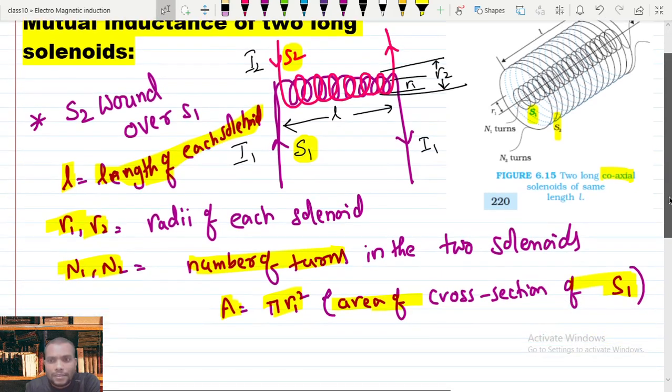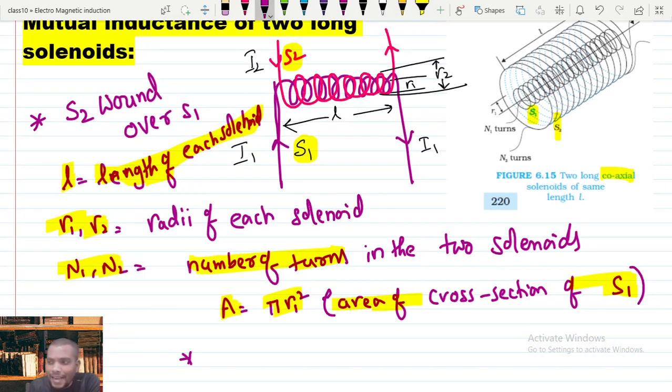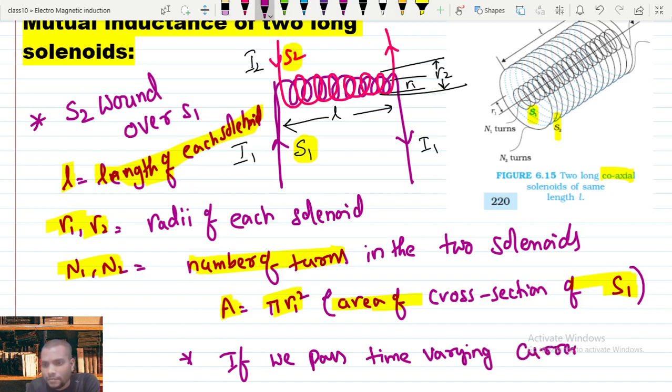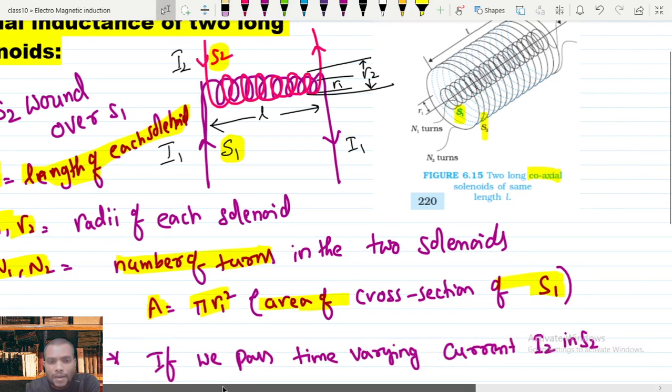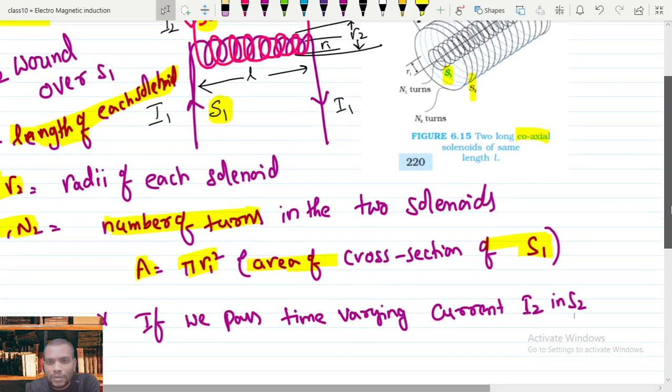After that, suppose we pass a time varying current I2, it means AC current, in S2.